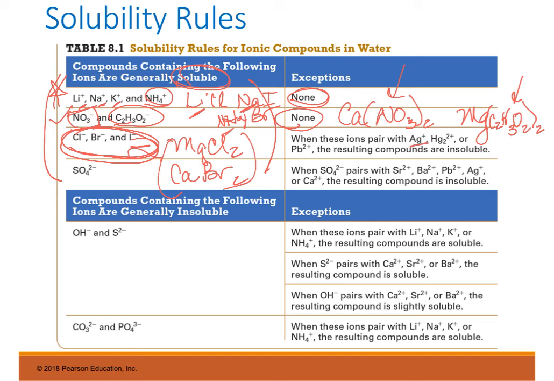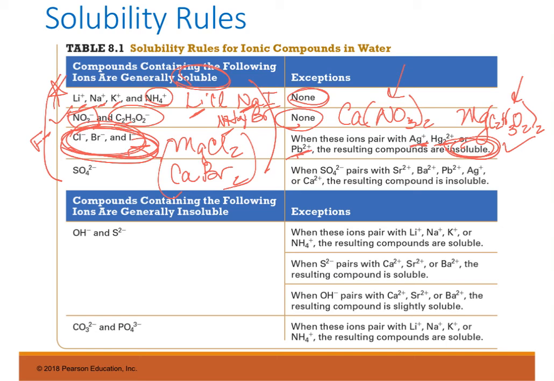If the cation with the halide is silver, mercury, or lead, the compound is insoluble. In general, silver, mercury, and lead are kind of troublemakers. A lot of times they make an ionic compound insoluble, so that's a good thing to remember. Notice also that fluoride is not in this usually soluble group.